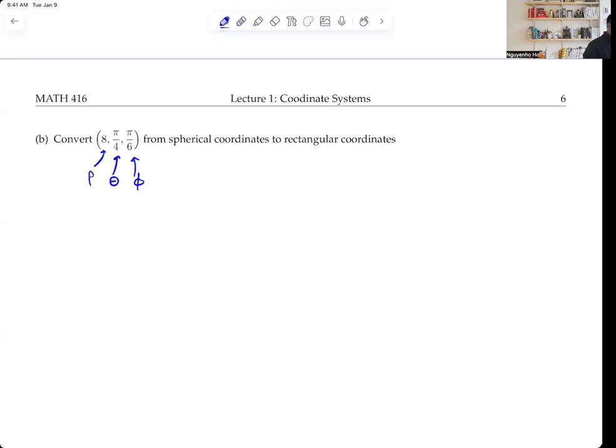Okay, so here, this is rho, this is theta, and this is phi. And the formula we use is x equal to rho times sine of phi times cosine of theta. Y is equal to rho times sine of phi times sine of theta. And z is equal to rho times cosine of phi.